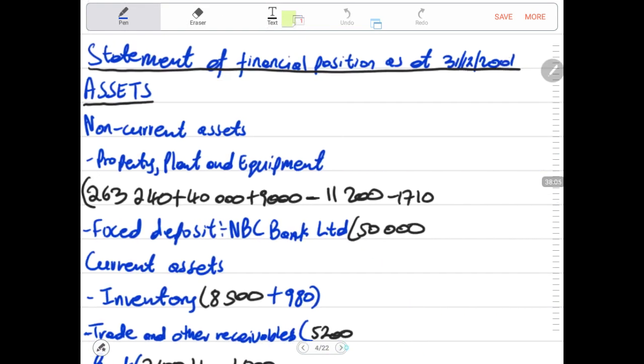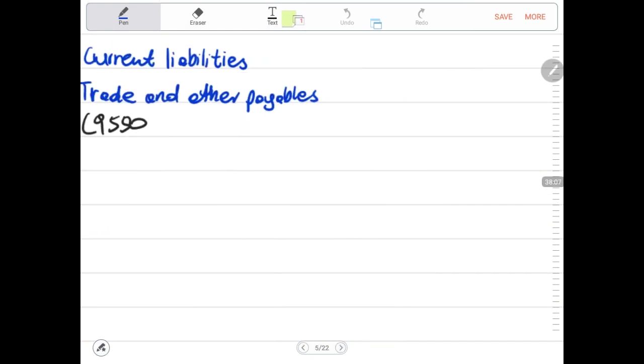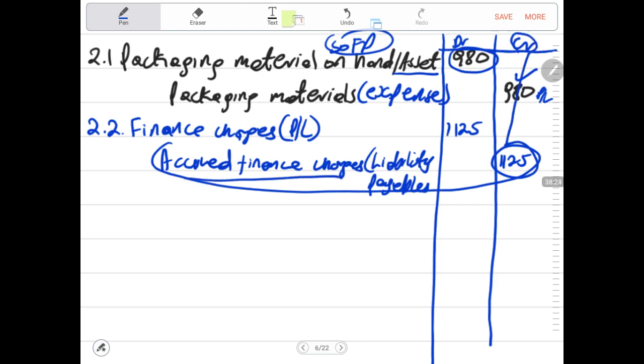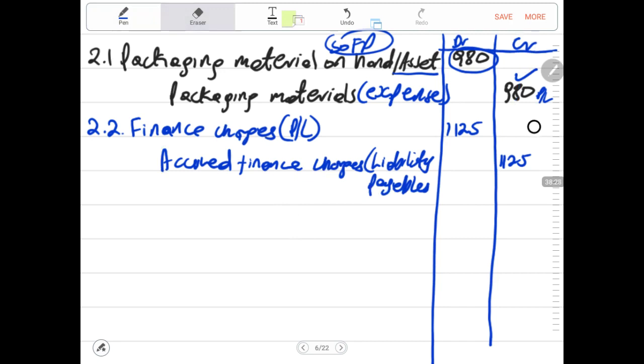The other one goes to the statement of financial position under trade and other payables plus 1,125. Why? Because liabilities increase on the credit side, and this amount is on the credit side. Accrued finance charge, being an accrued expense, is a liability, and liabilities increase on the credit side.